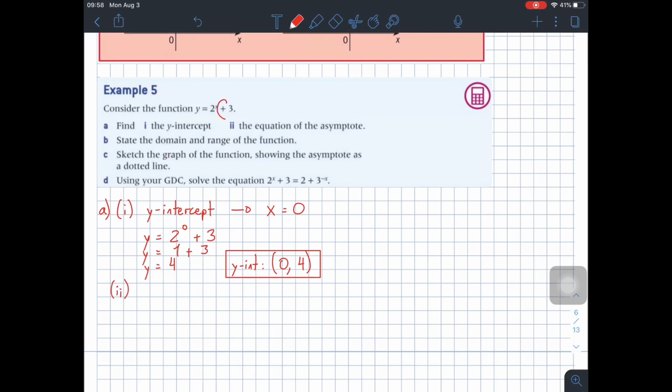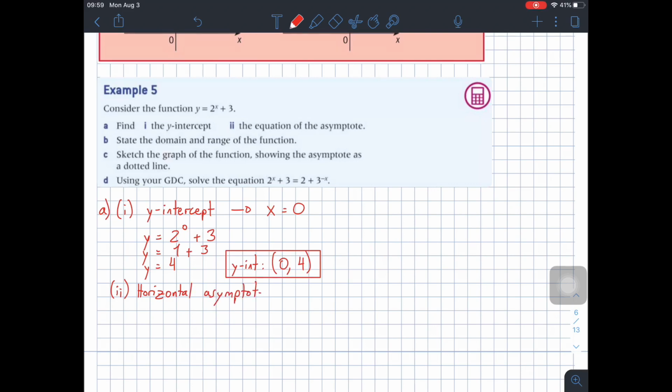But since there is this plus 3, remember the plus 3 is causing a vertical translation 3 units up, right? So the horizontal asymptote should also be displaced 3 units up.